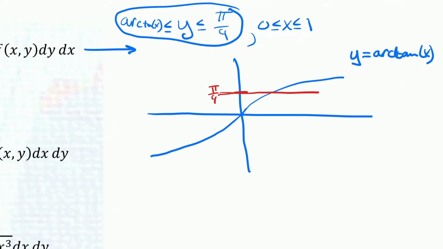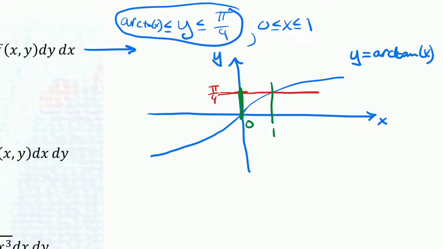So you have arctangent of x, the blue line, pi over 4 is the red line. And then we have these limits for the x values. X goes from 0 to 1. And you might say, well, wait, how do you know that that intersection happens at that point? Well, it's because I love the arctangent, so I know about it. But the arctangent of 1 is pi over 4.